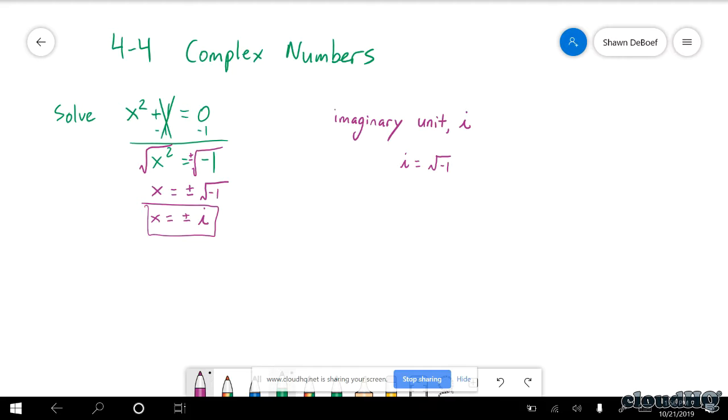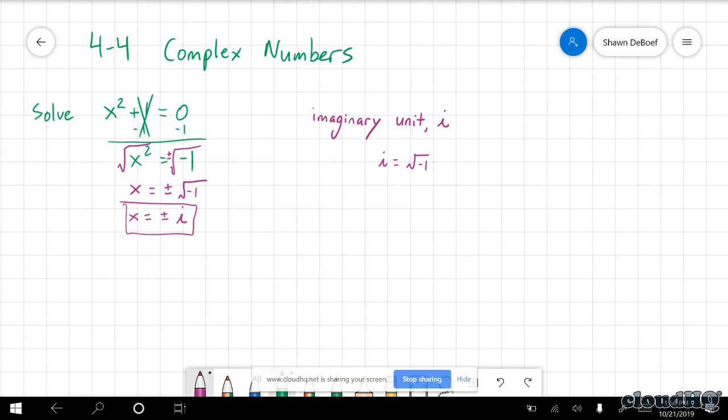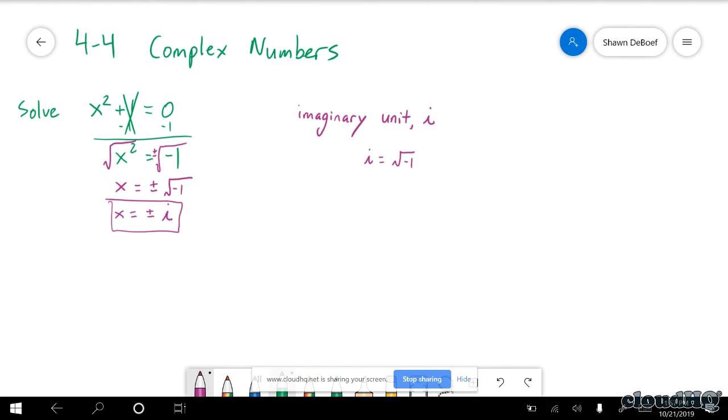So let's do a couple of simplifying problems where we make use of that. Let's consider the square root of -81.